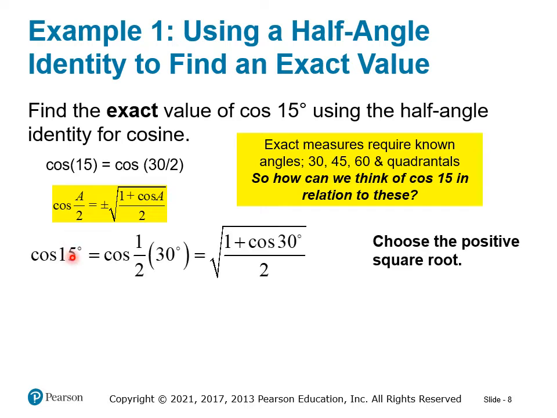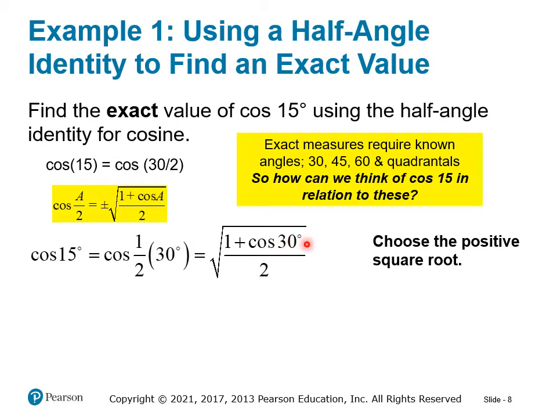So the cosine of 15 is equal to the cosine of 30 over 2, which is equal to the square root of 1 plus cosine 30 over 2, which is simply applying the identity.